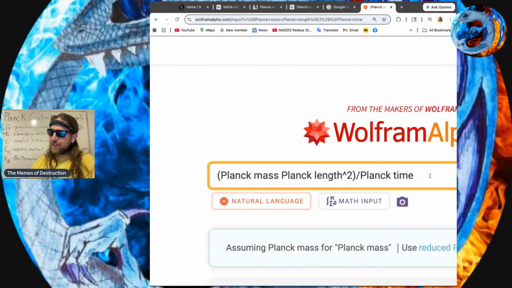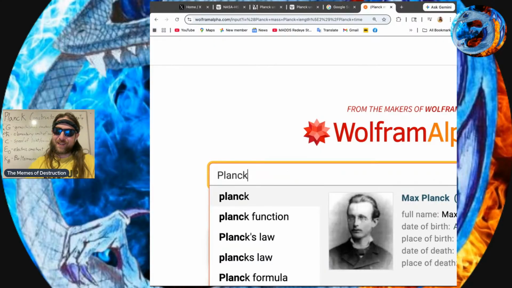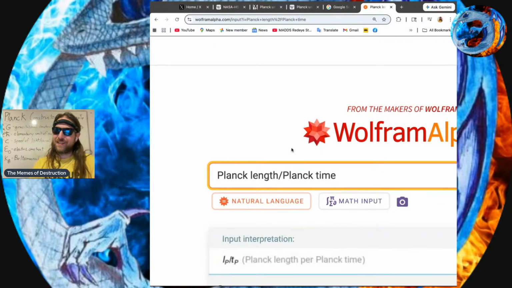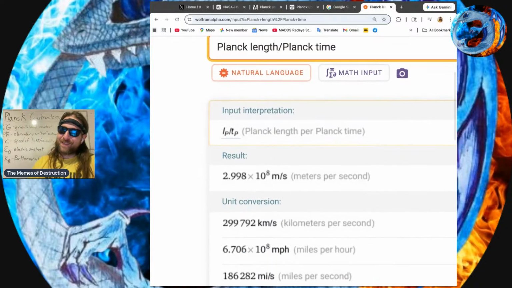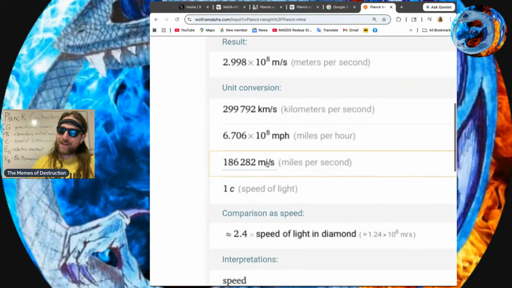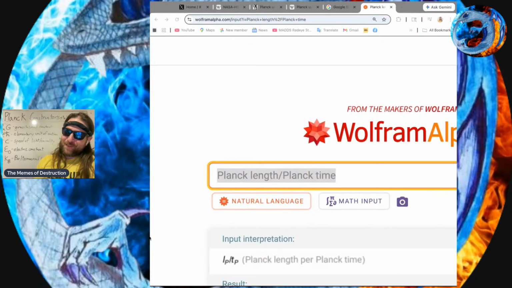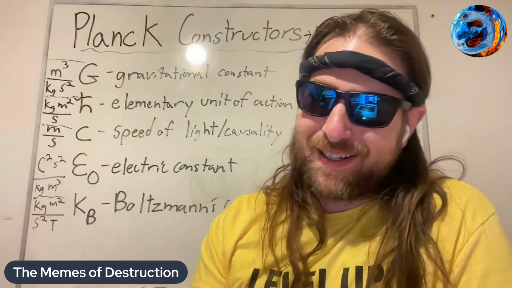And then speed is Planck length divided by Planck time. Minimum unit of length divided by the minimum unit of time gives you the maximum speed, the speed of light. Those are the constants and how you can go back and forth between them.